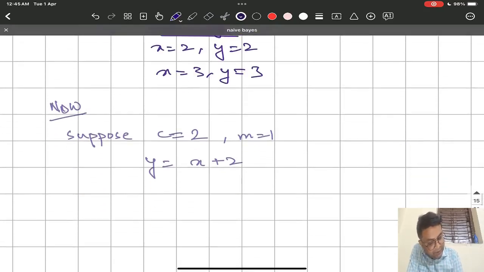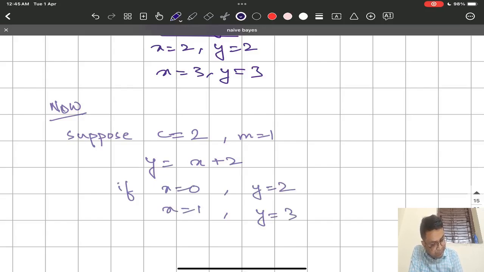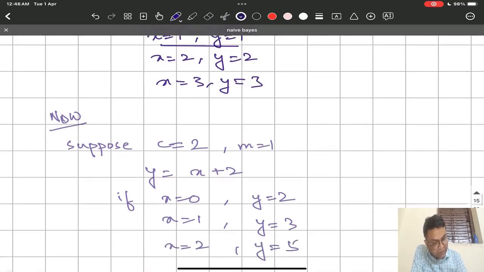Now what is happening? If x equal to 0, so y equal to how much? 0 plus 2 is 2, so y equal to 2. X equal to 1, so y equal to 3. X equal to 2, so y equal to 5. It's like this. Now let me plot this line also.